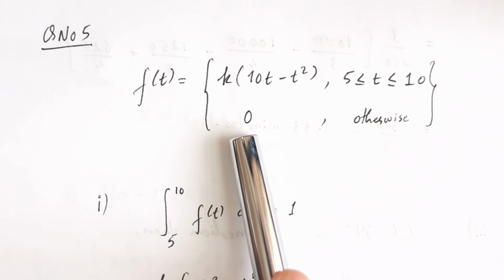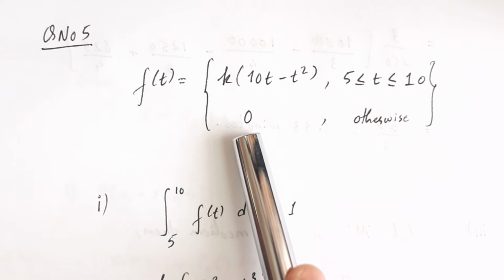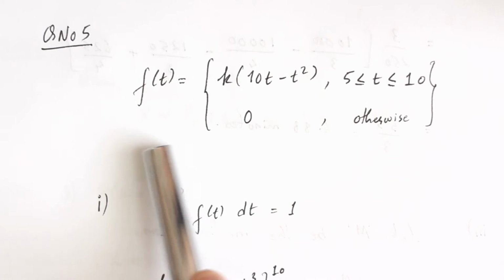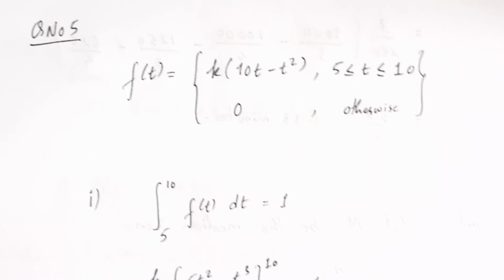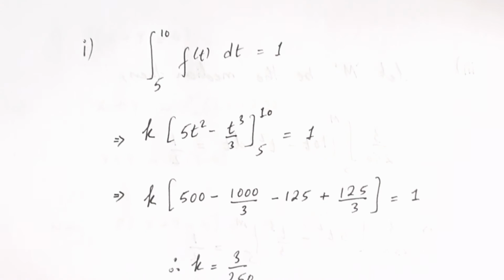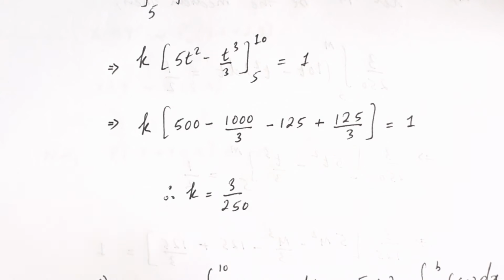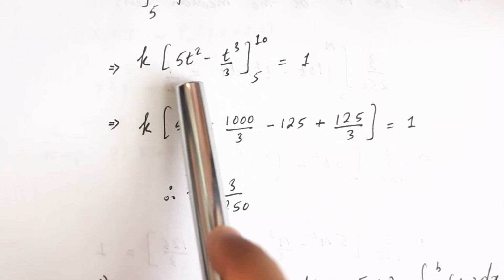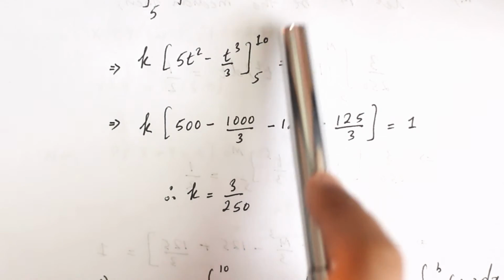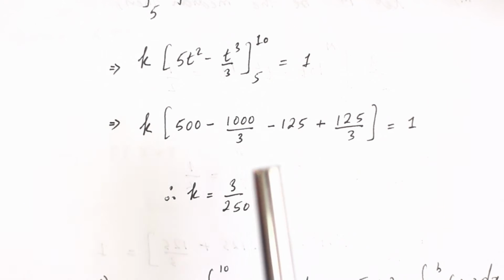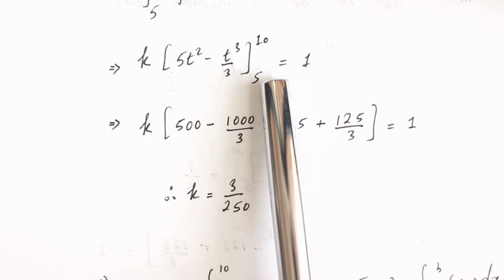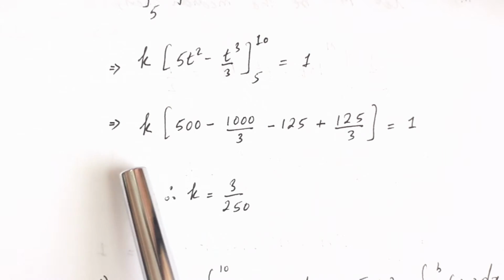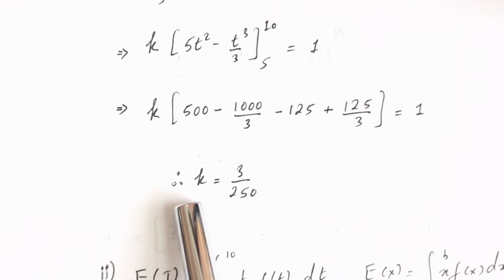We don't take the rest because 0 multiplied by any variable is 0, so the probability is 0 otherwise. After you integrate, you get this expression here, and then you substitute the limits in this integration, and you get this simplified to give this one.